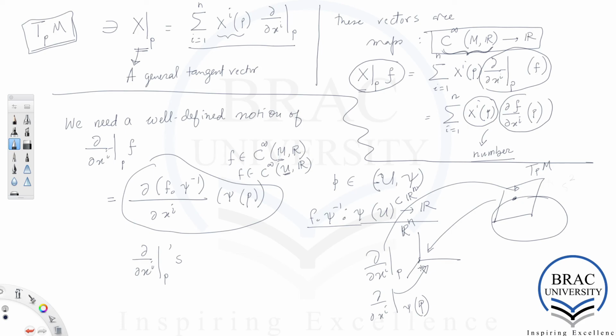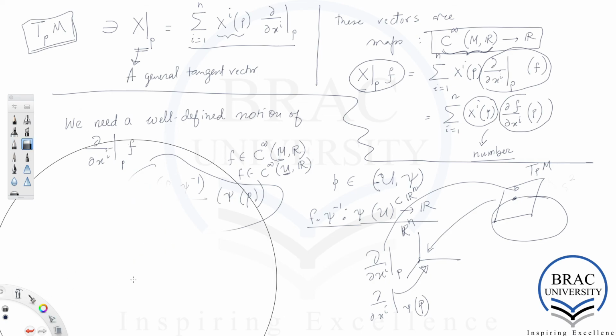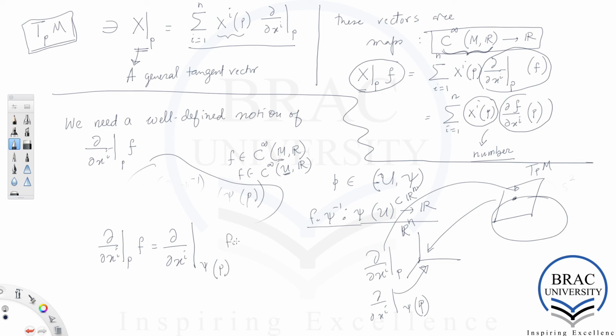So in other words, this can be written down. Remember, we wrote it like this, right? We defined it like this: psi of p, f composed with psi inverse. Okay, so we take a tangent vector in R to the n, and by the same del xi at p, we're denoting a tangent vector in the tangent space TpM.